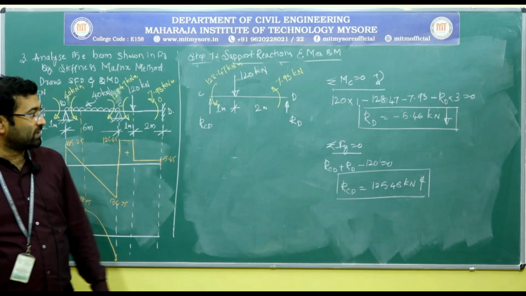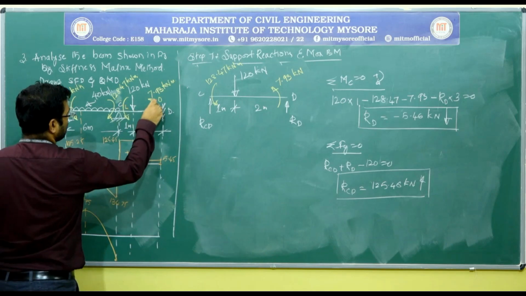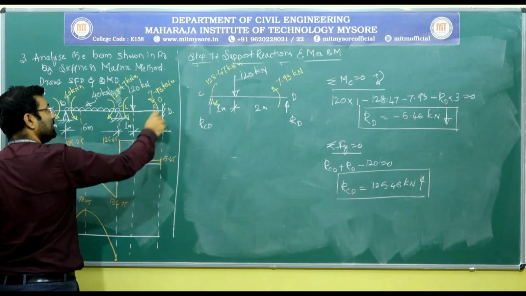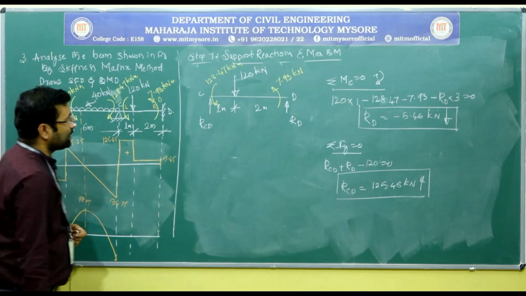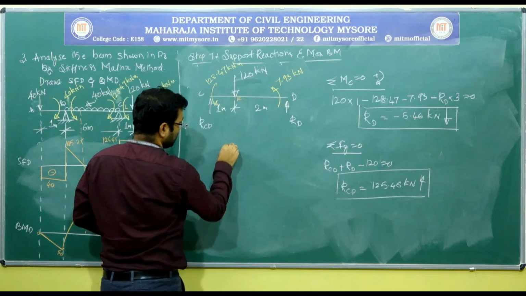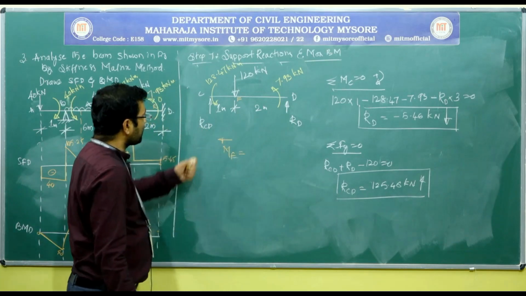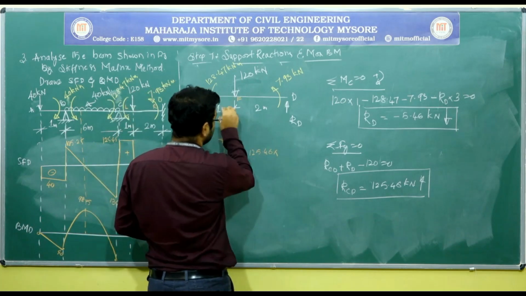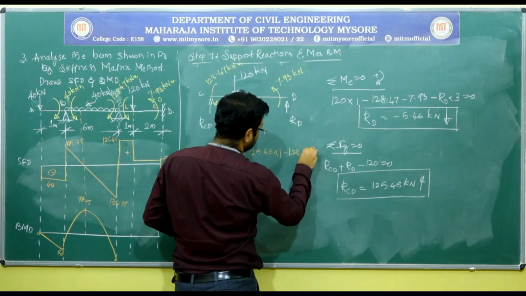So with that, if I draw the bending moment diagram, you can see here for this span, this is left and this is right. So left side we have an anticlockwise moment, that is negative. Right side we have an anticlockwise moment. So right side anticlockwise is positive. If I calculate the bending moment at this point, let us say it is F. So moment about F by considering the right portion, RCD it is about 125.46 into 1, then we have minus 128.47.